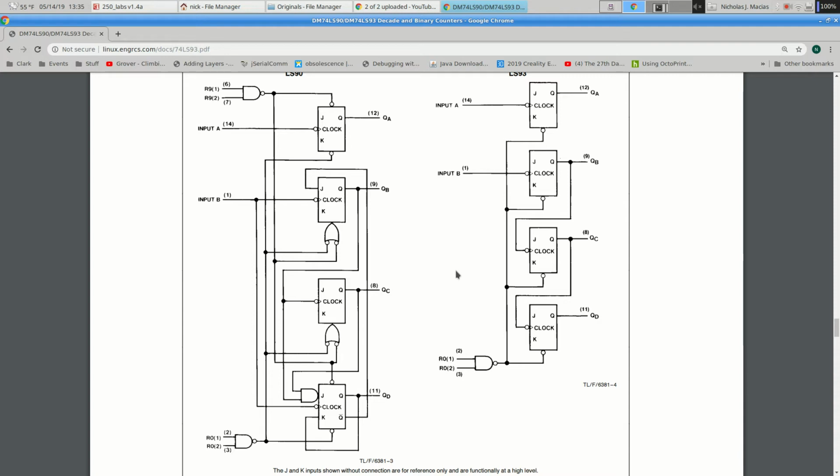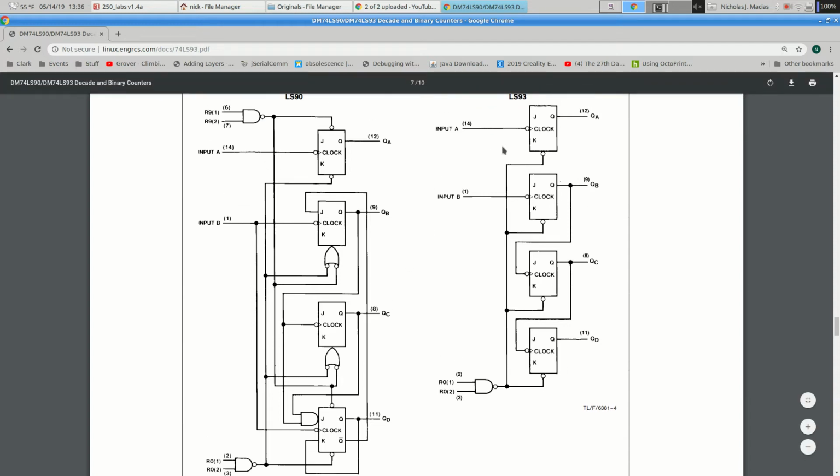QD is going to be your most significant bit. QB will be your least significant bit, because internally this is a 3-bit counter. And input A goes into a 1-bit counter.